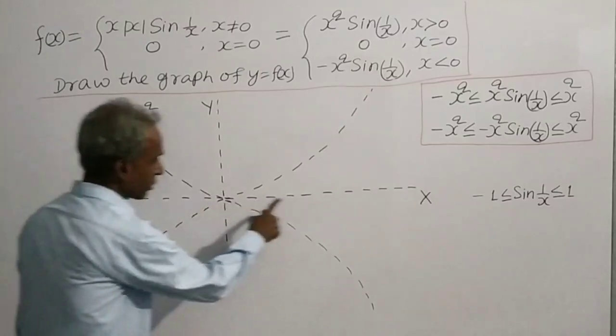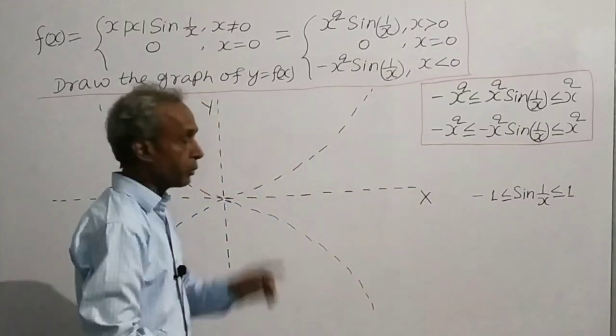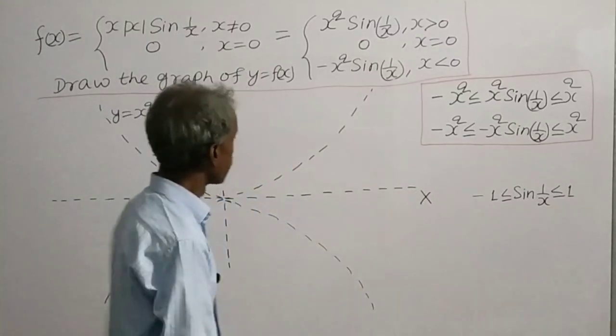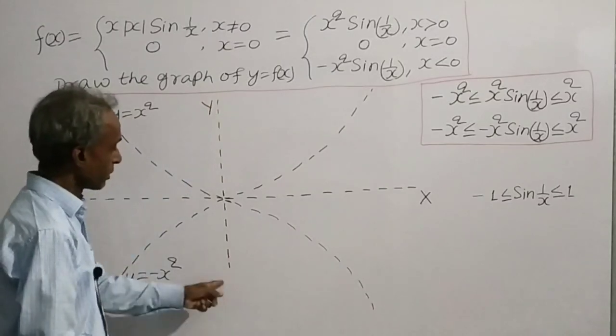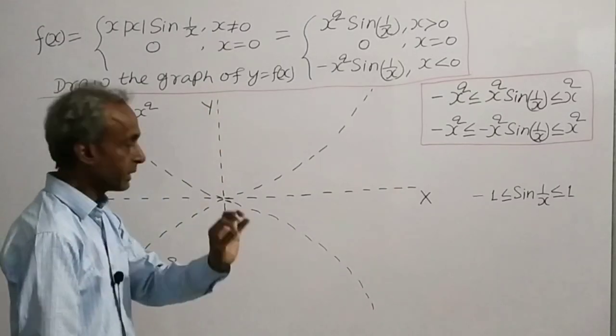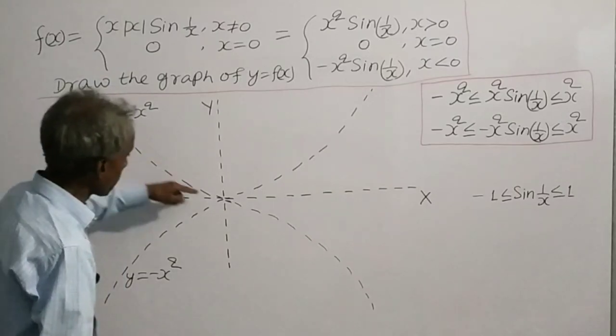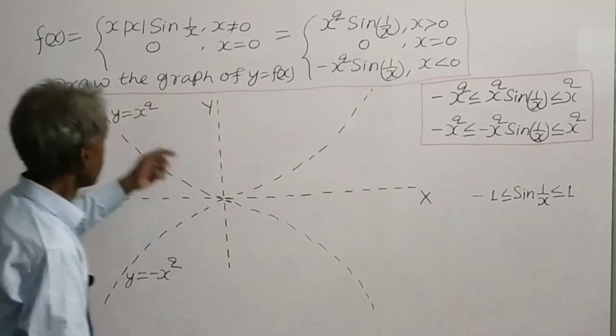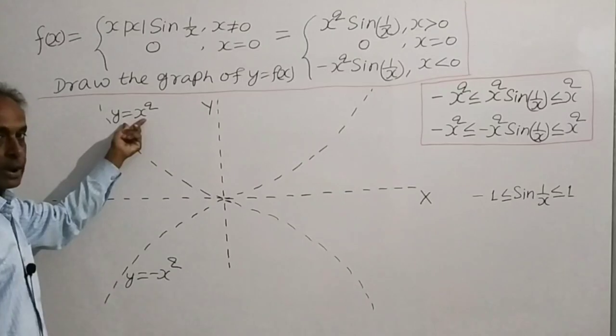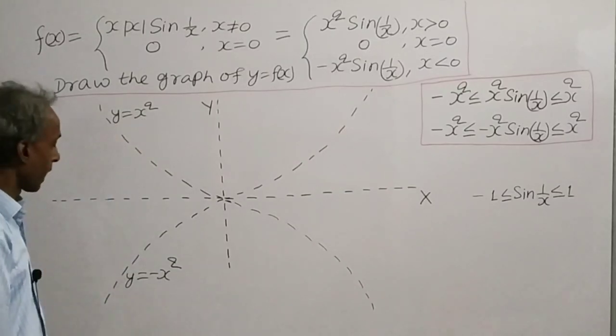By this dotted line we denote the x-axis. By this dotted line we denote the y-axis. This dotted curve is the y is equal to x square parabola.